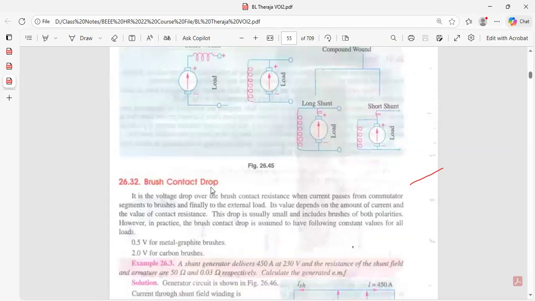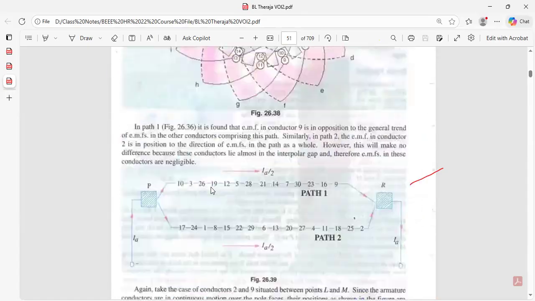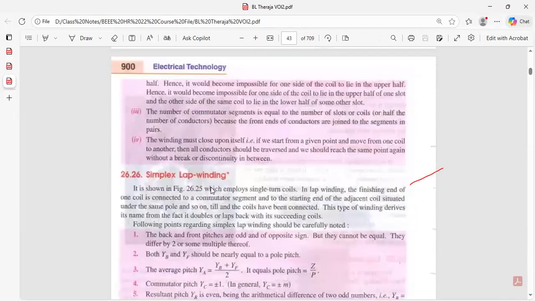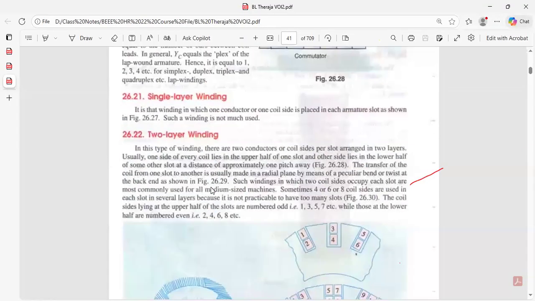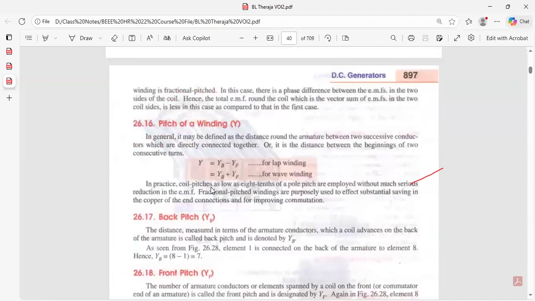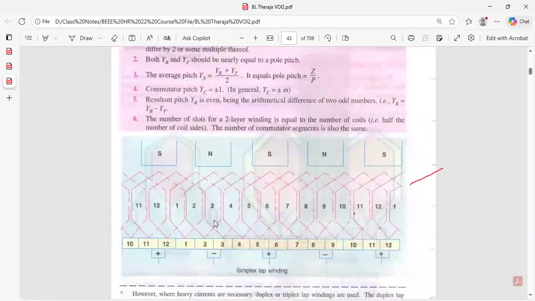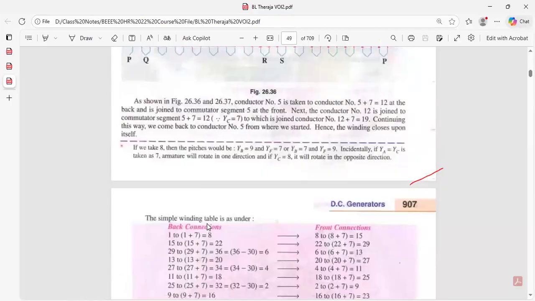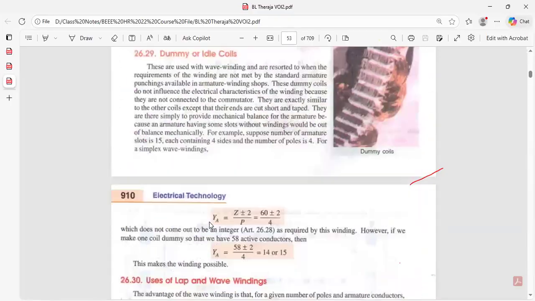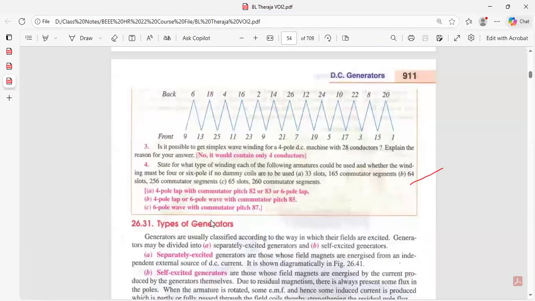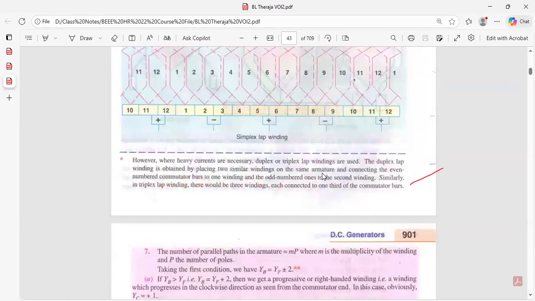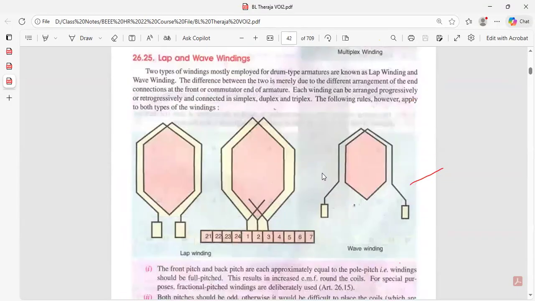I'll try to explain, let's see if you understand or not. See, there are two types of windings, lap and wave winding.